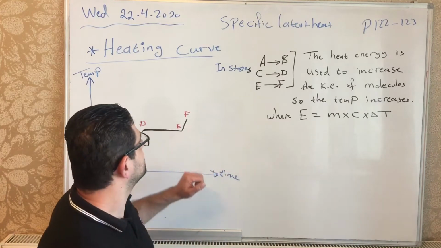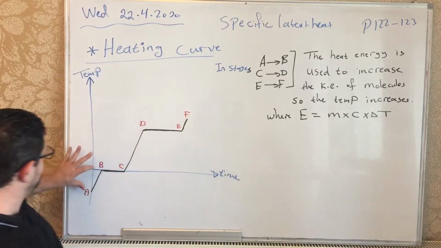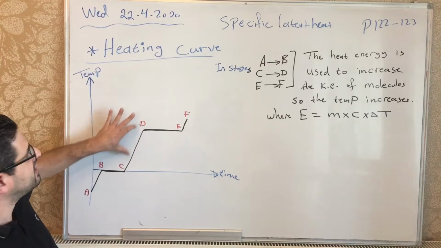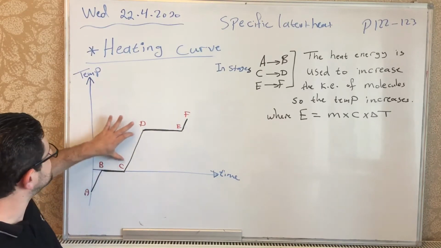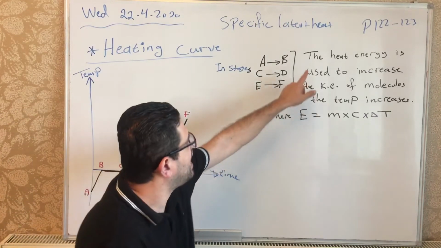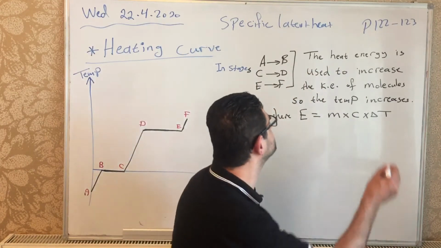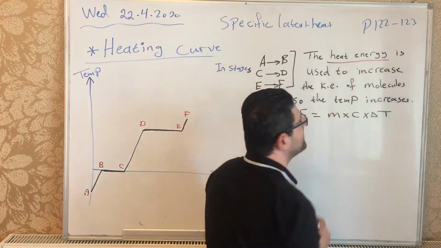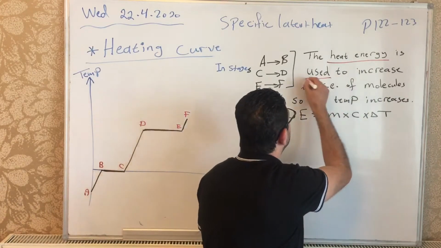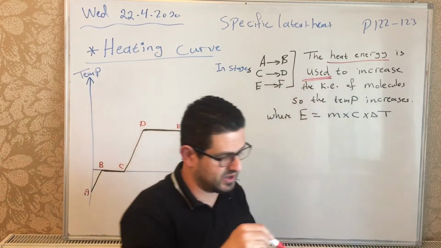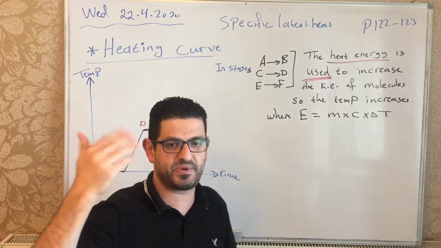The question is, in stages from A to B, C to D, E to F, in these three stages, am I using heat energy? The answer is yes, I am using heat energy. Where does the heat energy go?